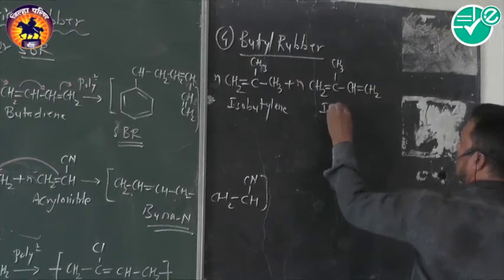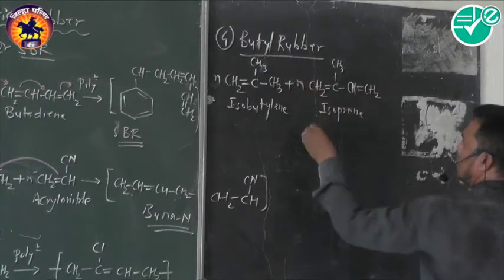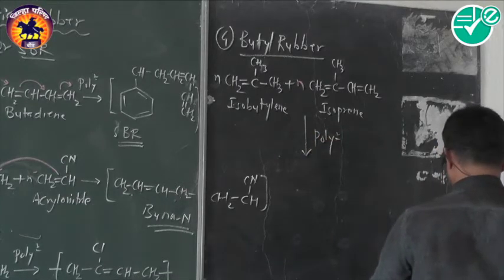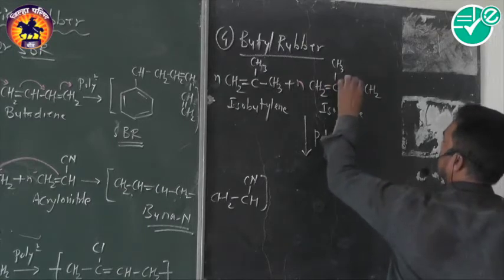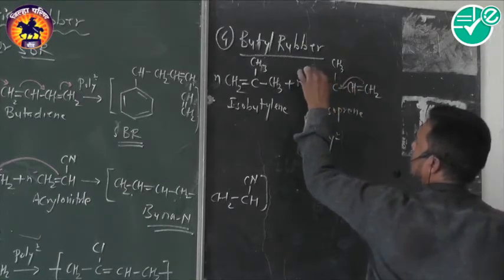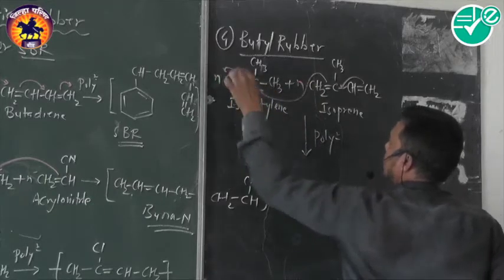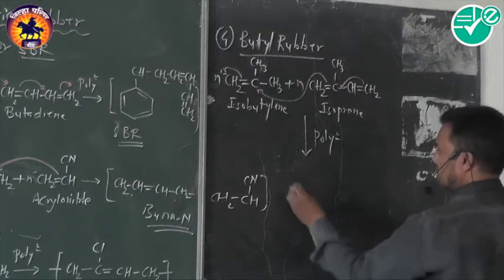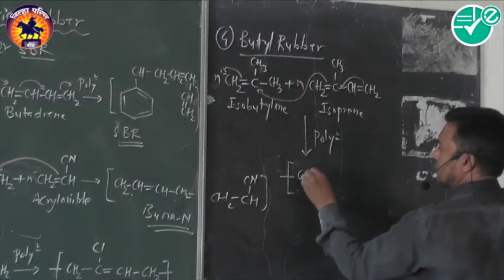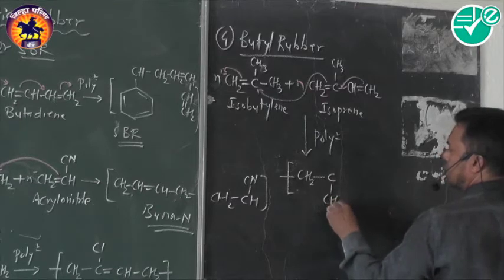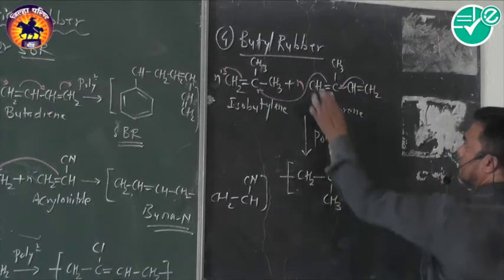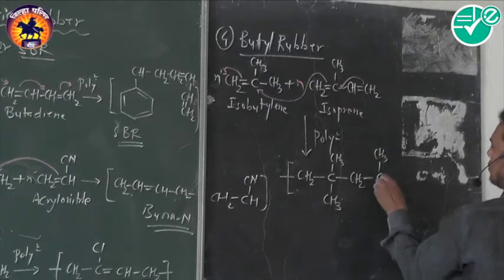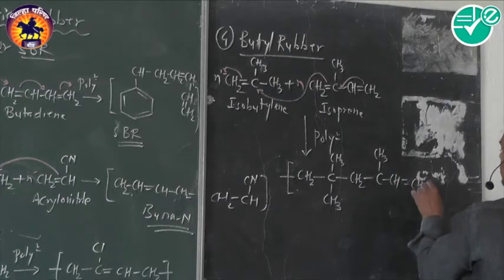This is isoprene. These undergo polymerization to form the polymer which is called butyl rubber. CH2 C(CH3) CH3, here CH2 single bond C(CH3) CH double bond CH2.